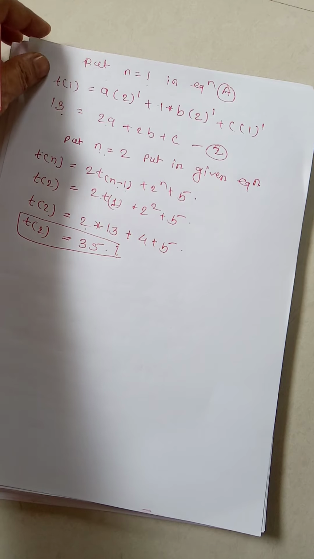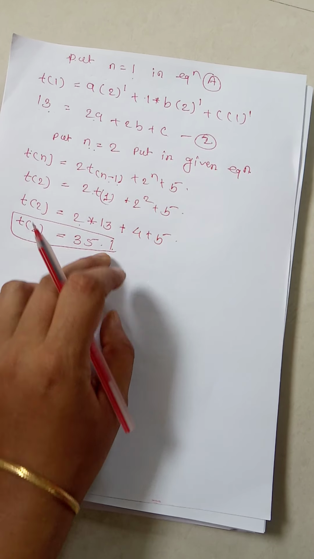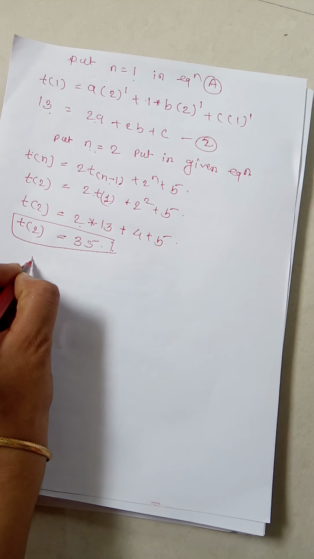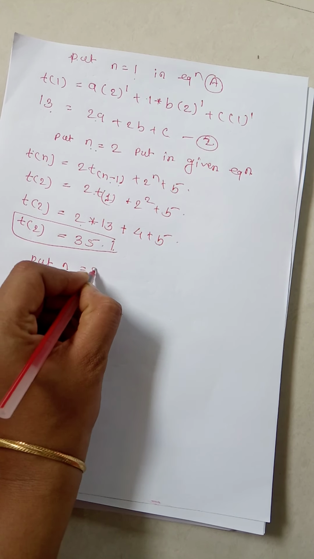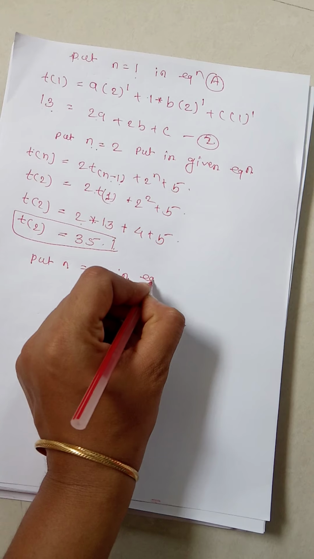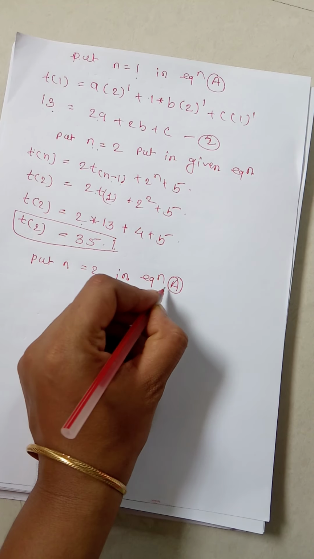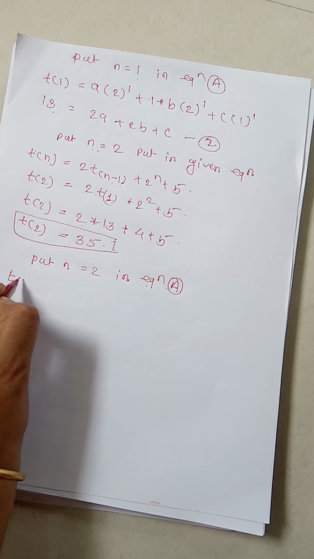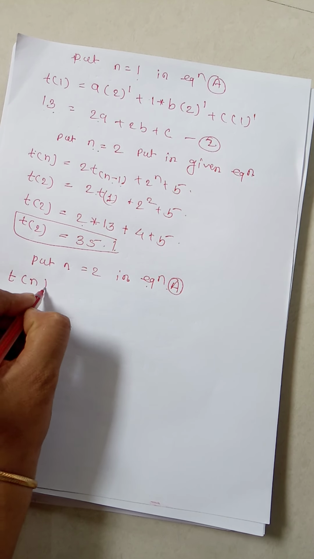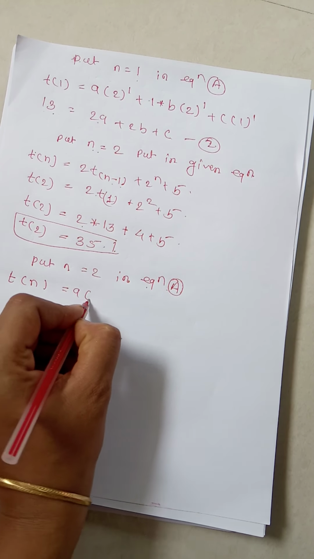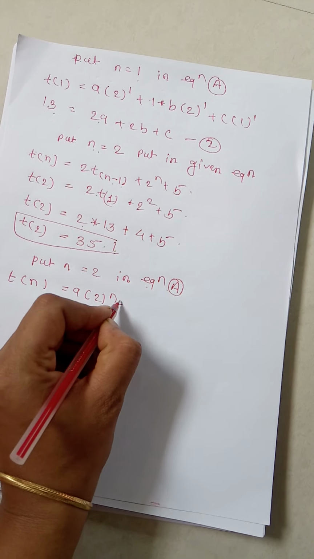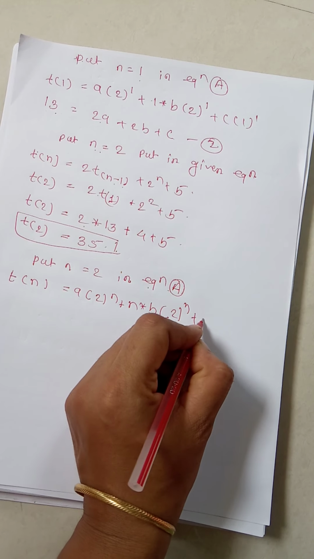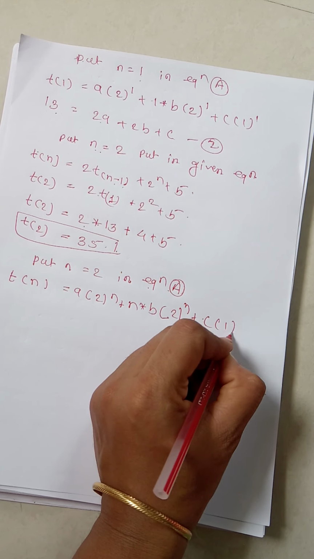So the next term we have to solve is to put n is equal to 2 in the generalized equation. Put n is equal to 2 in my equation A, the generalized equation, which I name capital A. Let me rewrite it first: t of n is equal to a into 2 to the power n plus n into b into again 2 to the power n plus c into 1 to the power n.